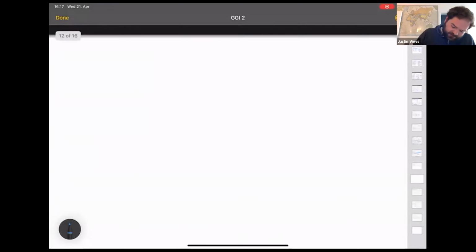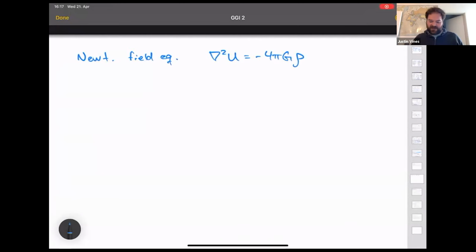Now, first let me talk about the Newtonian field equation. Remember, that was just that the Laplacian of this Newtonian potential is minus 4 pi G times the rest mass density. But then let me drop that source and go to vacuum, so I'm just looking at the Laplace equation.